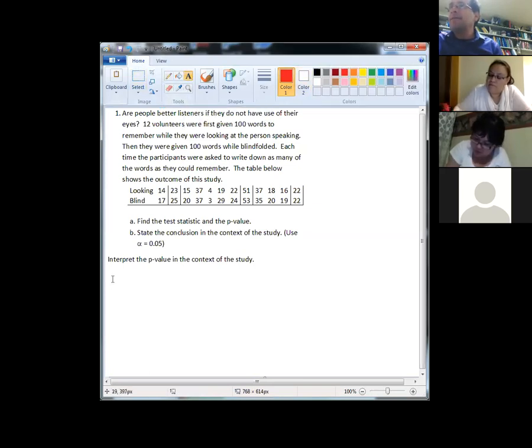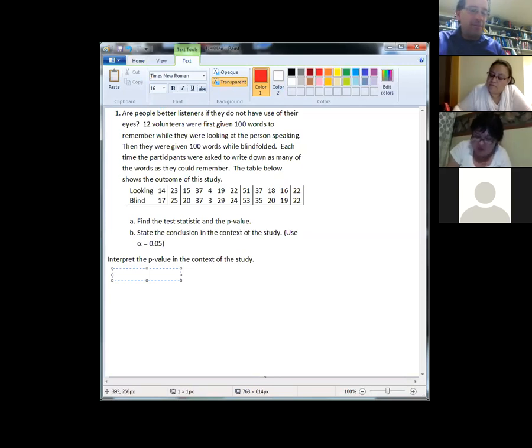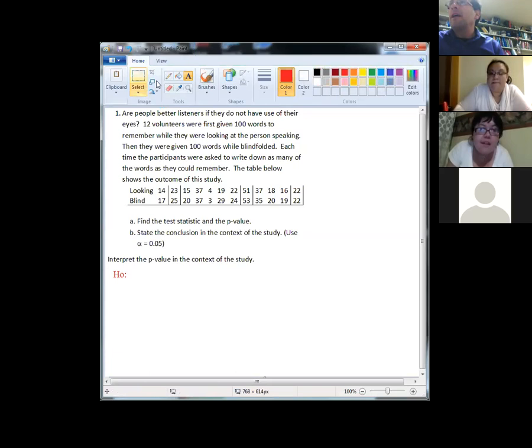So let me write down, of course, we start the same, H naught. Always start there. And now what we're going to do is look at the difference between the two individually. So we're going to have mu sub D. Notice D doesn't stand for looking. It doesn't stand for blind. Any guess on what it stands for?